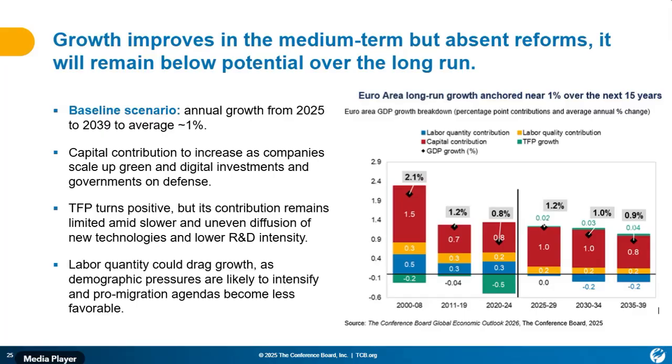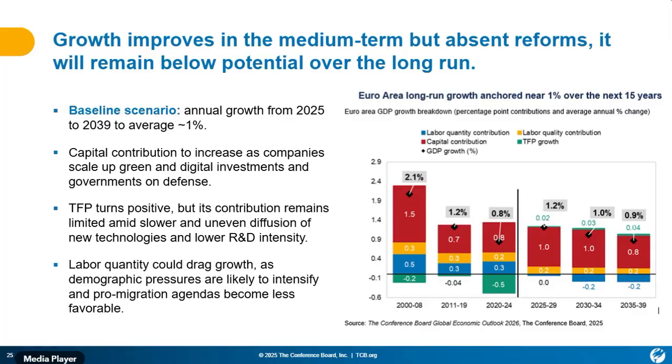Europe remains a home to cutting-edge institutions, of course, and leading research, leading universities. So that's why we expect growth to continue to be positive on the labor quality front. But labor quantity will be the most major drag on growth over the next 15 years.